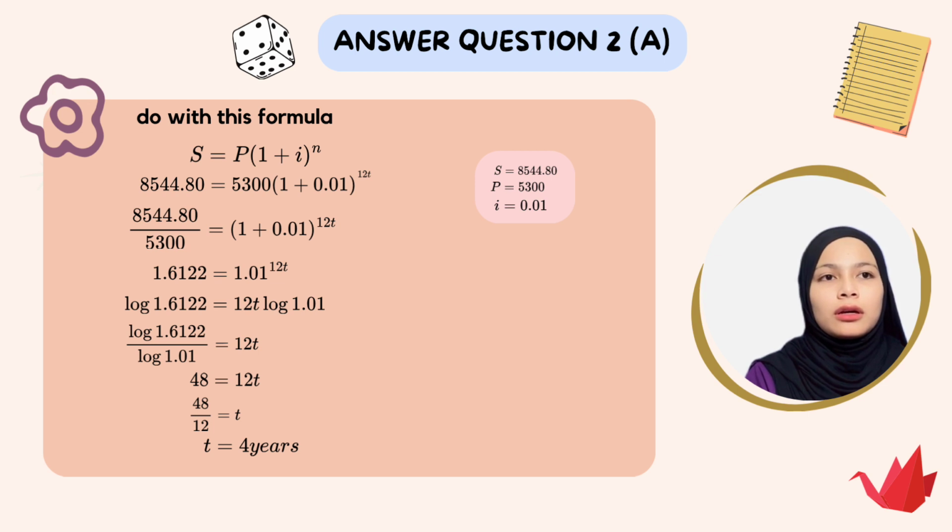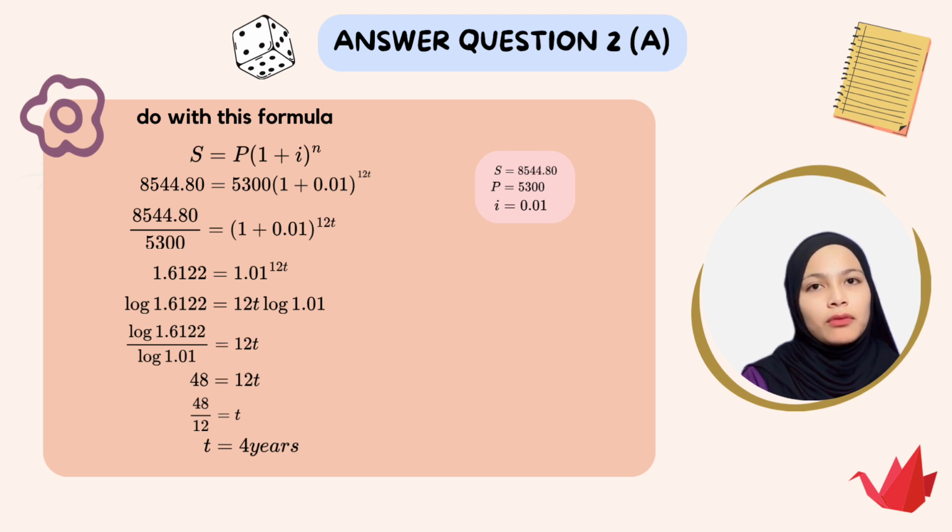Next, 8,544.80 divided by 5,300 equals bracket 1 plus 0.01, bracket, to the power of 12t. And then 1.6122 equals 1.01 to the power of 12t.